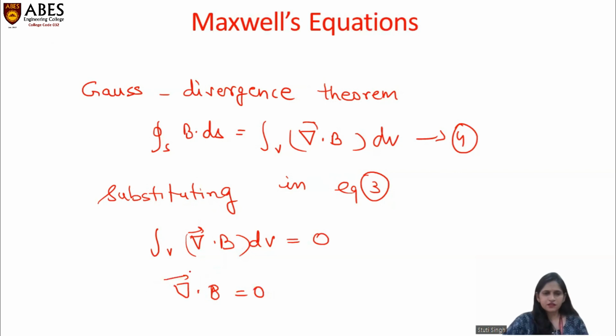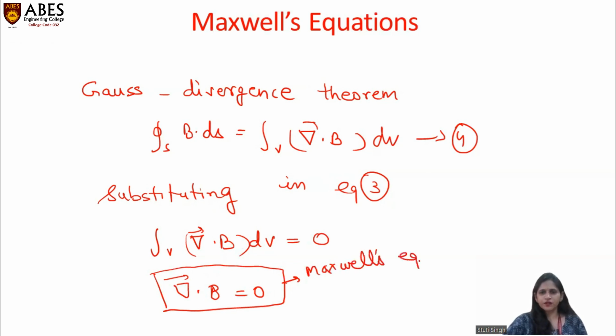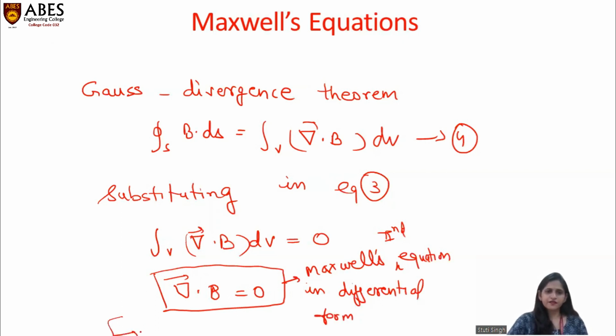Now, this is nothing but Maxwell's second equation in differential form. And what does this signify? It signifies that magnetic monopole does not exist in nature.